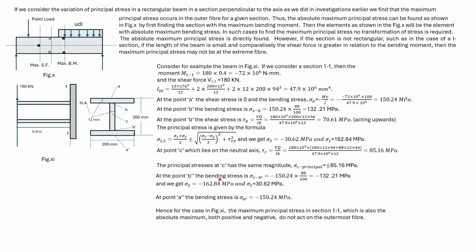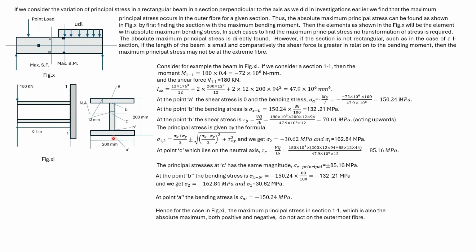At B dash, the bending stress has the same magnitude as B, but is of opposite sign. At B dash, the shear stress has the same value as that of B. So at B dash, we get sigma 1 and sigma 2.